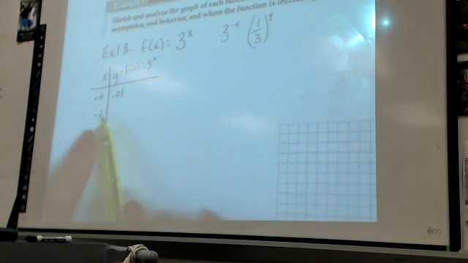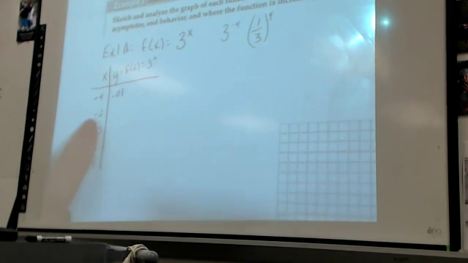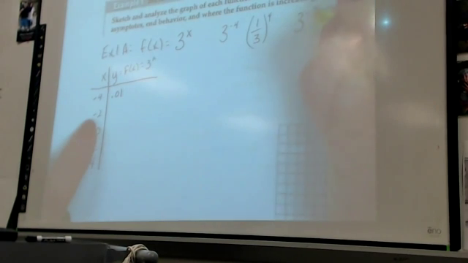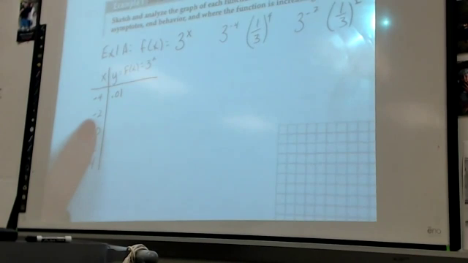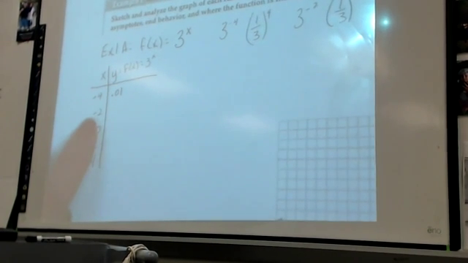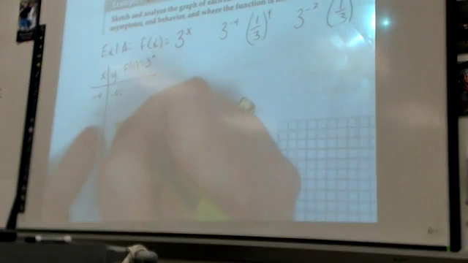Now 3 to the negative second power would be the same as 1/3 squared, which would be what? What's 1/3 squared? 1/3 times 1/3. 1/9. And somebody put that in the calculator.